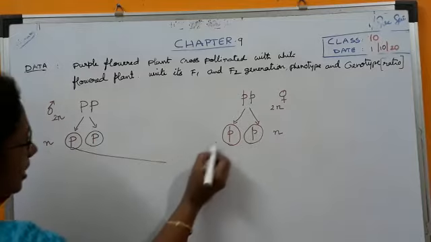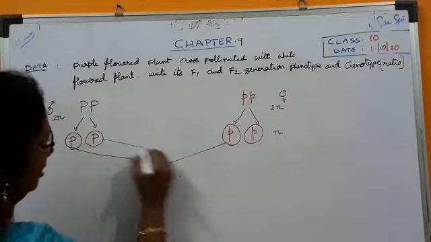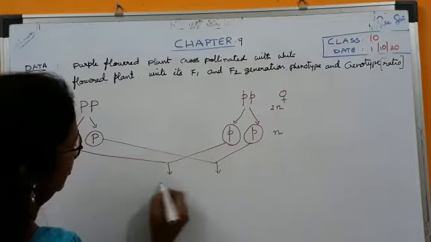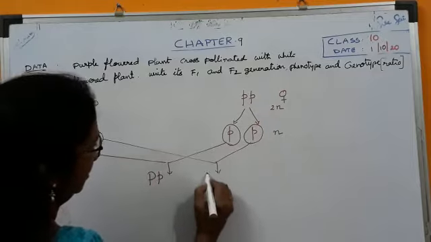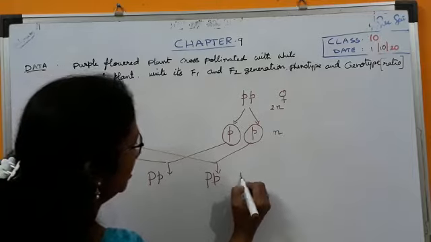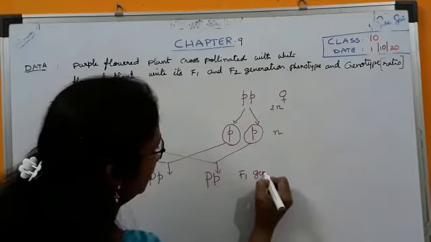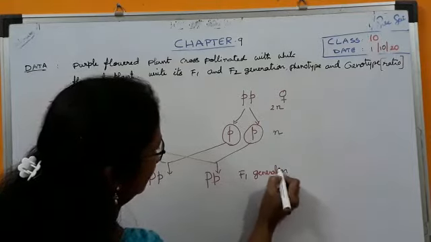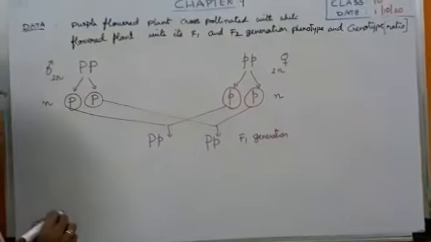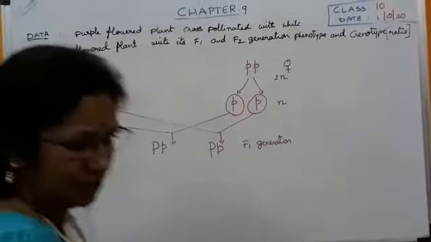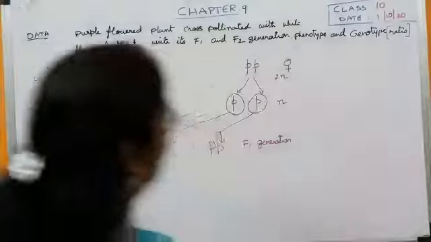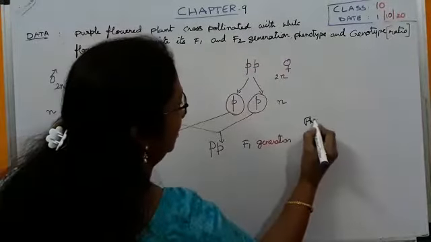Now this and this will get fused, giving capital P, small p. This we call the F1 generation. If you see the F1 generation, what are its phenotype and genotype? What is its phenotype?